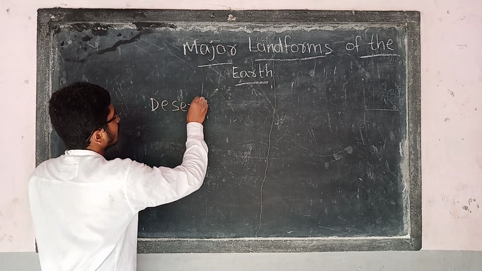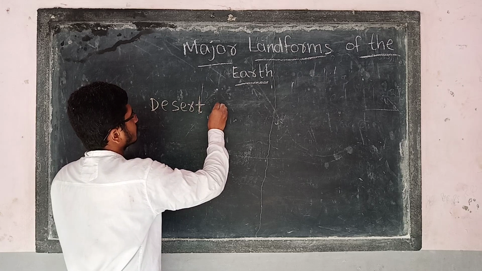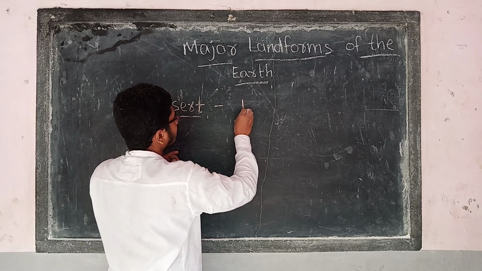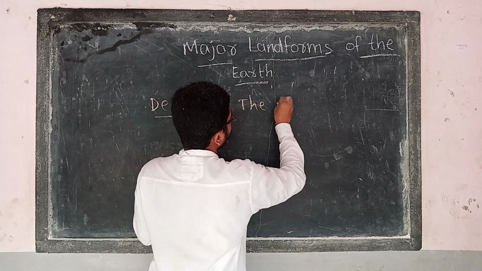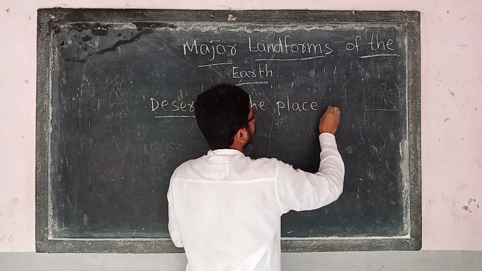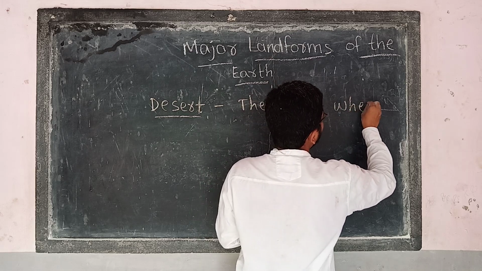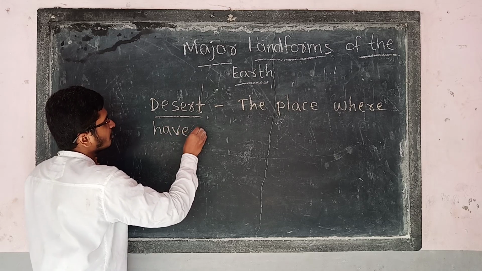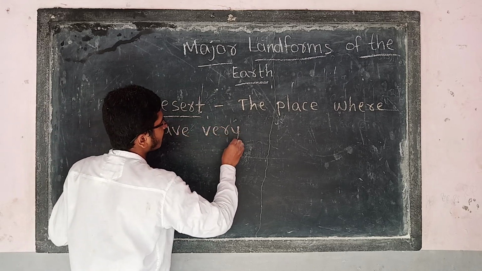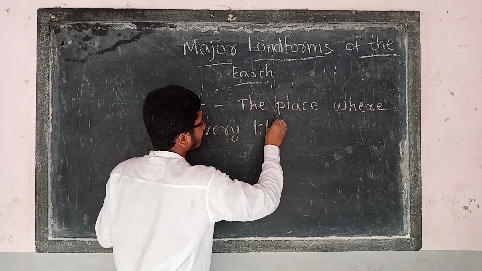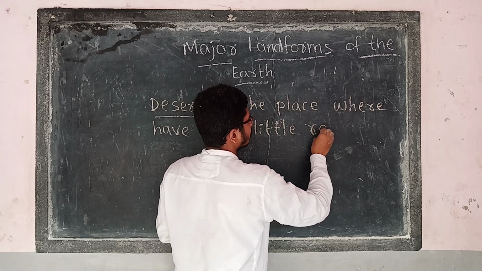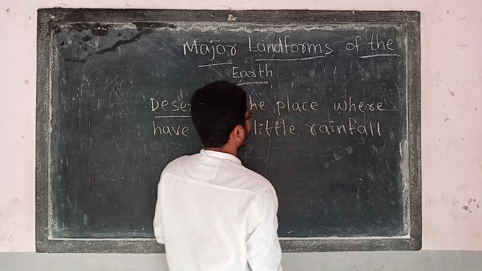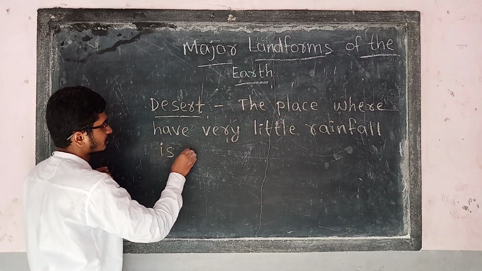Desert: the place where there is very little rainfall is called a desert.